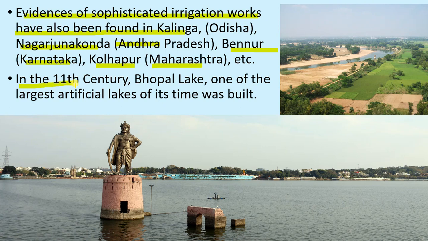In the 11th century, Bhopal Lake, one of the largest artificial lakes of its time, was built, and you can see here the vast area covered by this lake. There is no doubt that it was the largest artificial lake of that time in Asia.